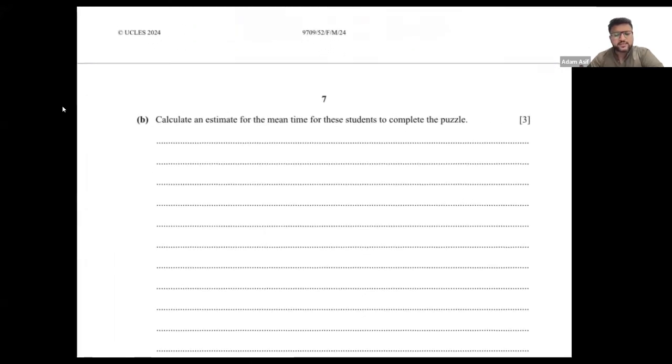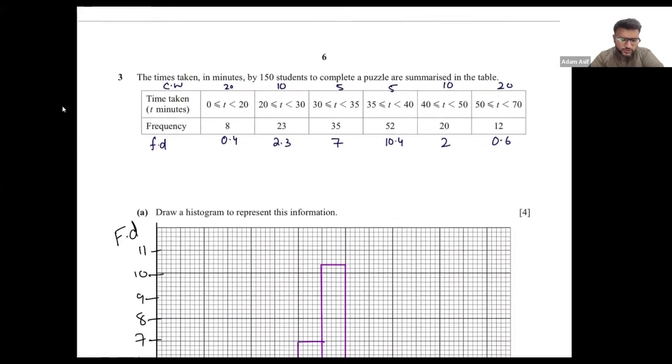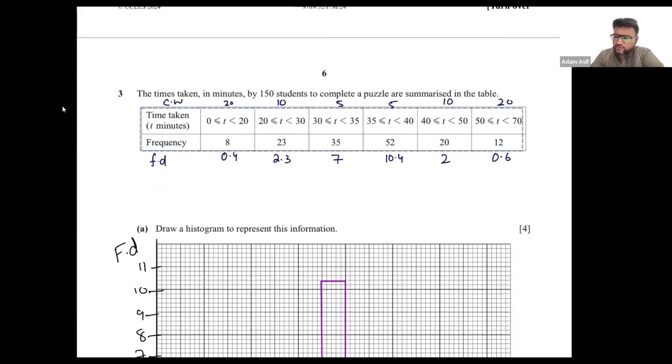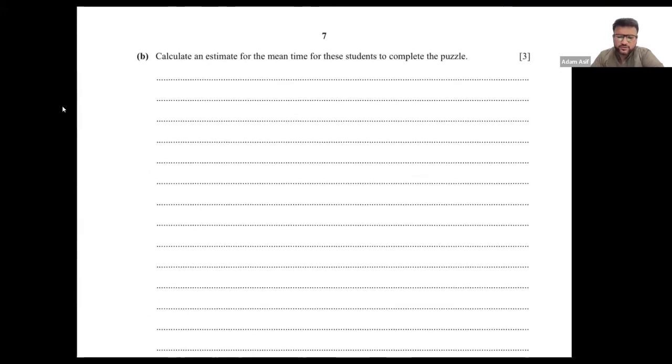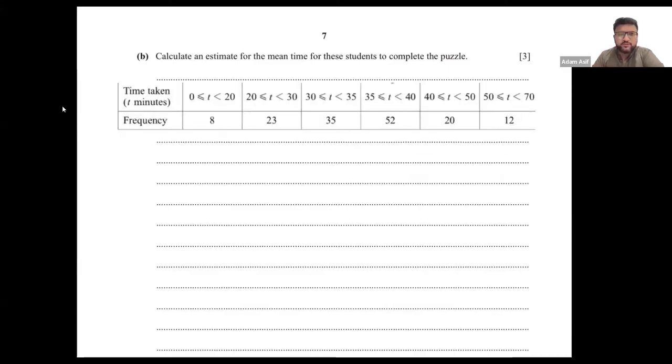Now, part B says calculate an estimate for the mean time of these students to complete the puzzle. So we have the frequency distribution table. To calculate the mean time, I'm going to use sigma fx over sigma f. For that, I'll be needing the mid values of the boundaries.